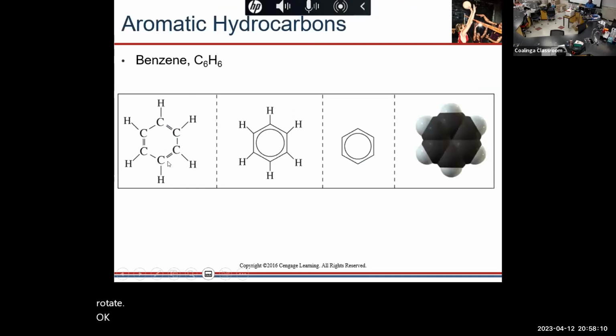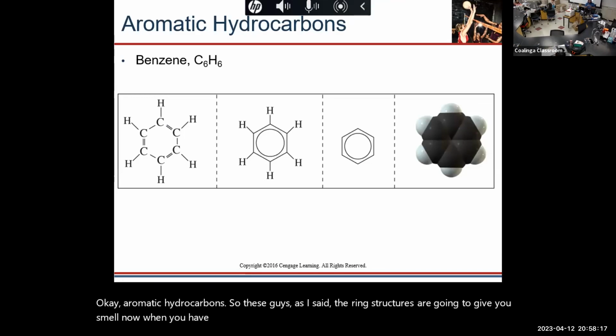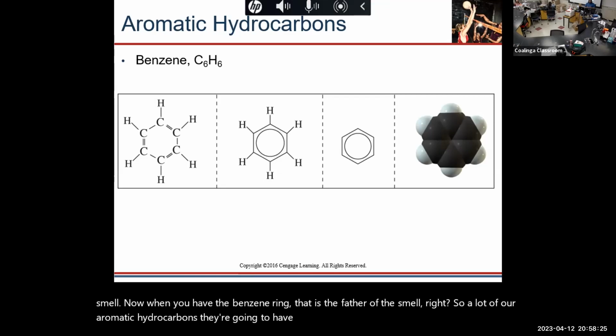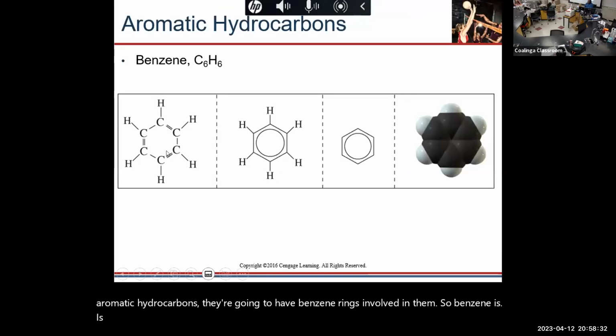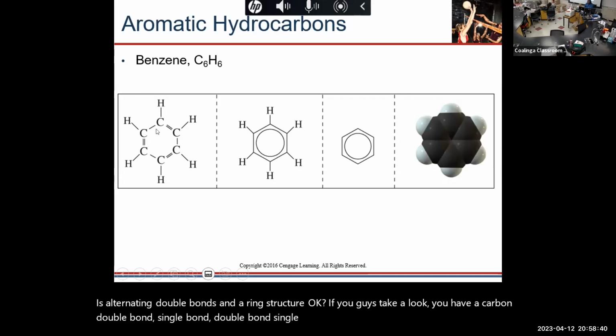Okay. Aromatic hydrocarbons. So these guys, as I said, the ring structures are going to give you smell. Now, when you have the benzene ring, that is the father of the smell, right? So a lot of our aromatic hydrocarbons, they're going to have benzene rings involved with them. So benzene is alternating double bonds in a ring structure. Okay, if you guys take a look, you have a carbon, double bond, single bond, double bond, single bond, double bond, single bond.